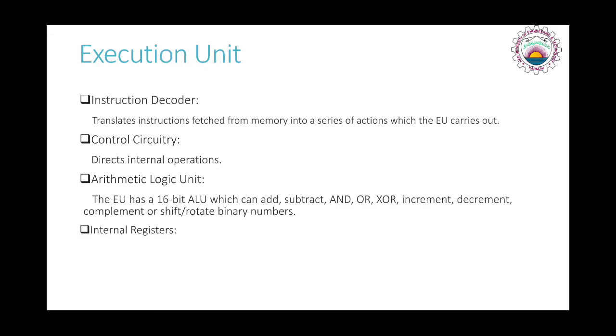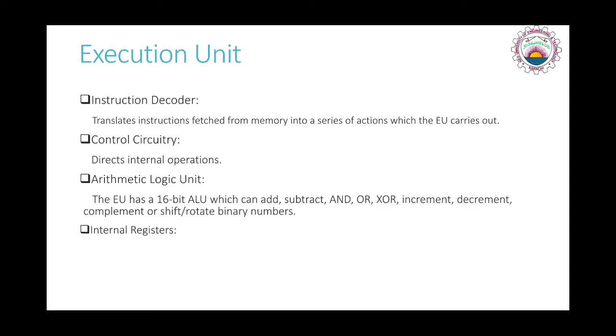As the name shows, execution unit is responsible for execution of instructions. So for identifying the instruction fetched from memory, there is an instruction decoder which identifies which instruction is fetched from memory.